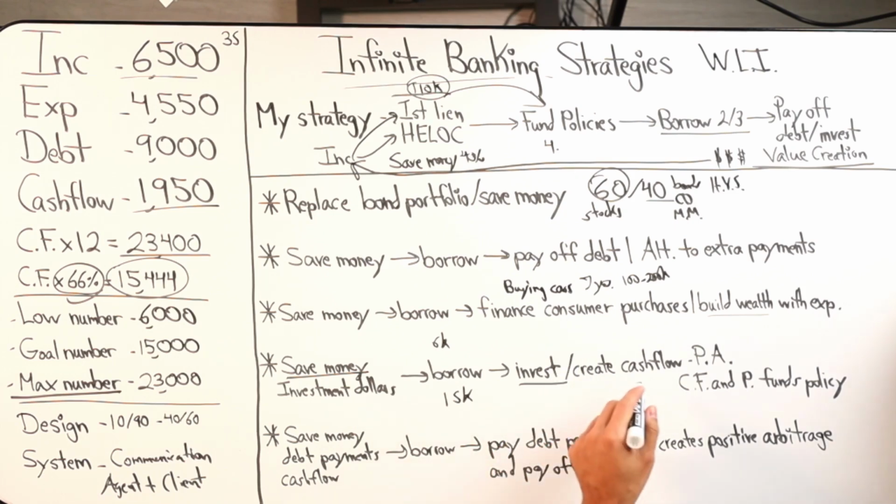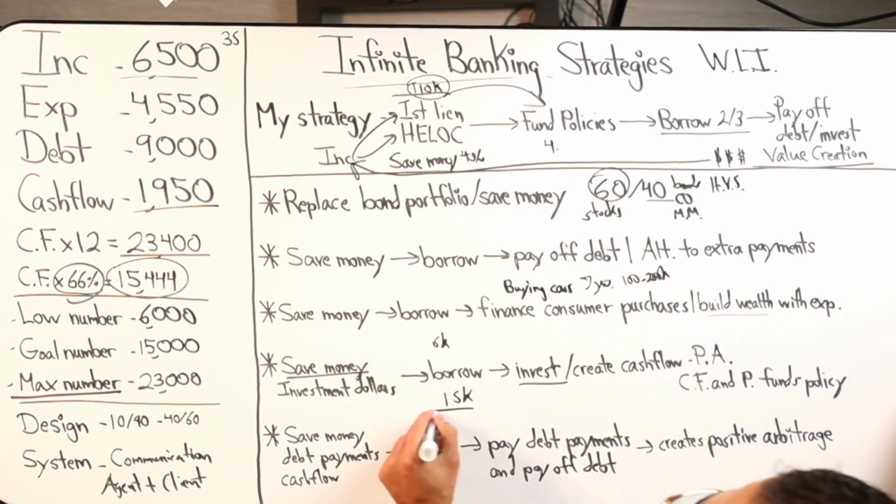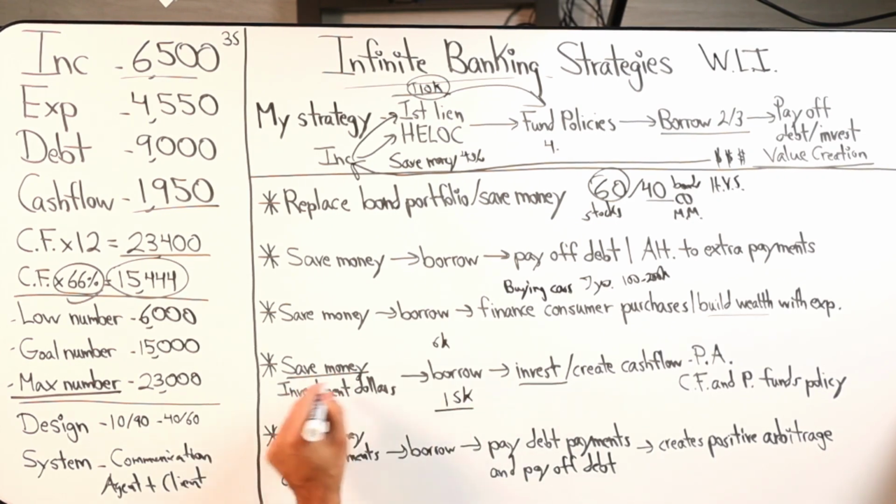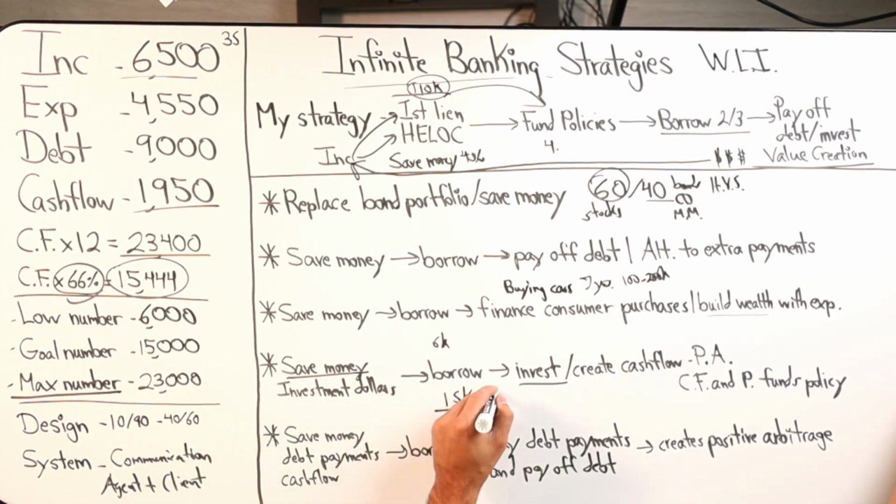So when you do that, let's say you borrowed the 15 grand out of the life insurance policy and the interest rate is 5%, okay? So if you borrow at 5%, you owe 15 grand. In a year, your interest cost to borrow is $750, right?